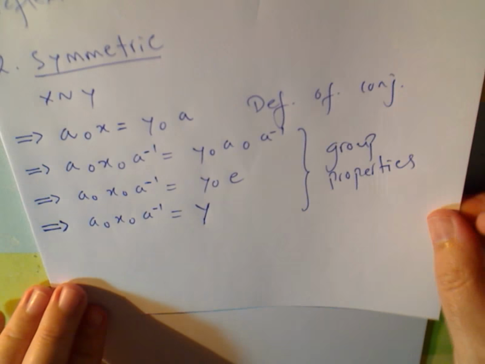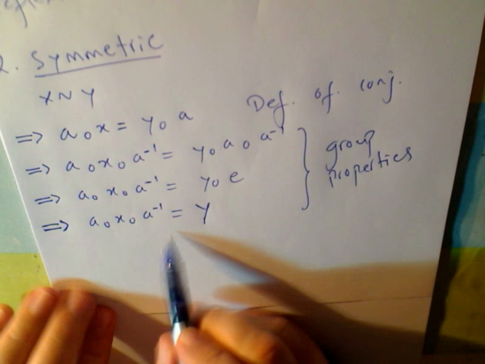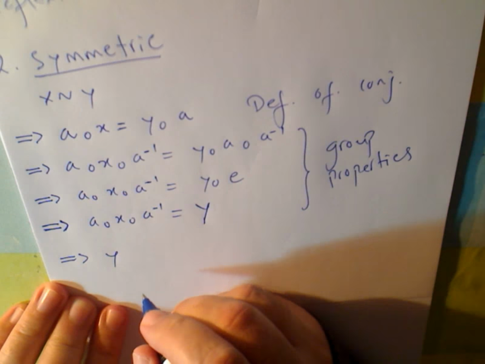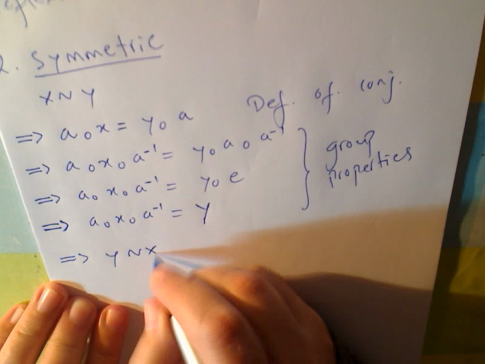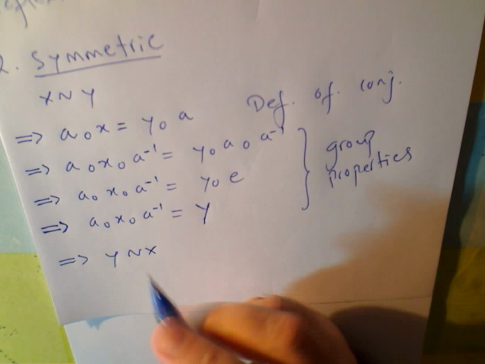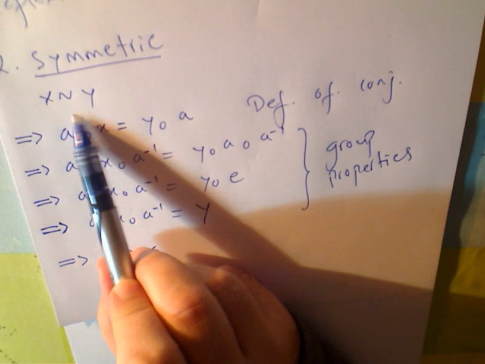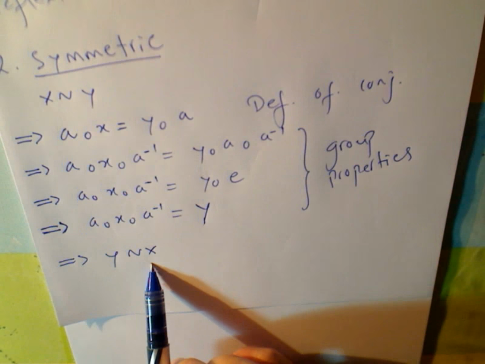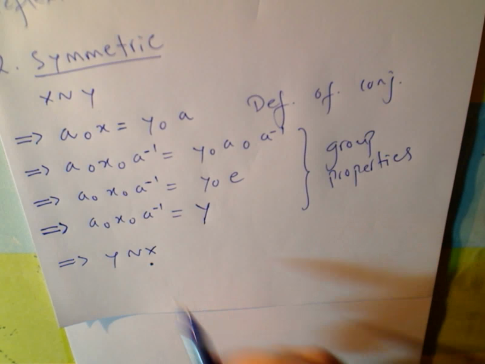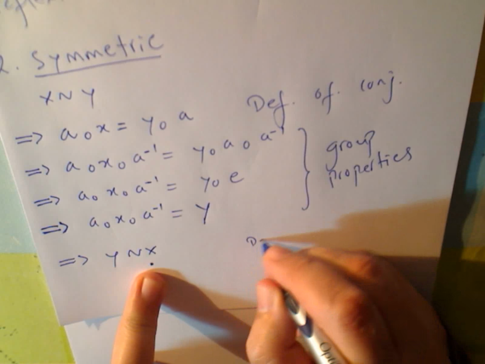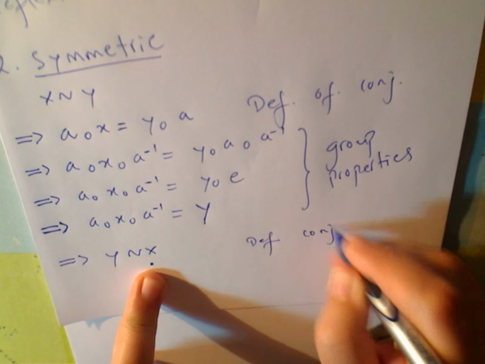Okay, so since this is true, y is also a conjugate of x. So x is a conjugate of y, and y is a conjugate of x. So that's this step by definition of conjugacy.